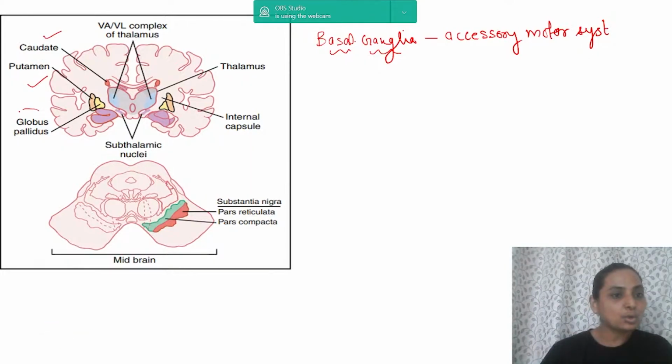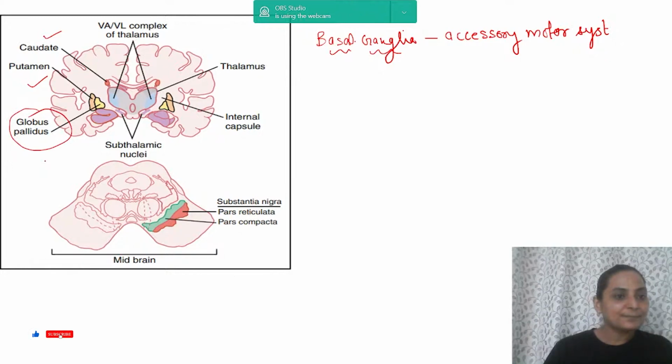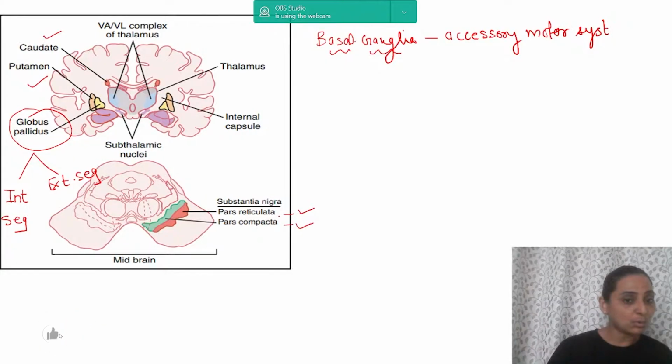There is globus pallidus, which itself has two portions: the internal segment and the external segment, right? Then there is substantia nigra having two components, pars reticularis and pars compacta. And a very important nucleus, the subthalamic nucleus.